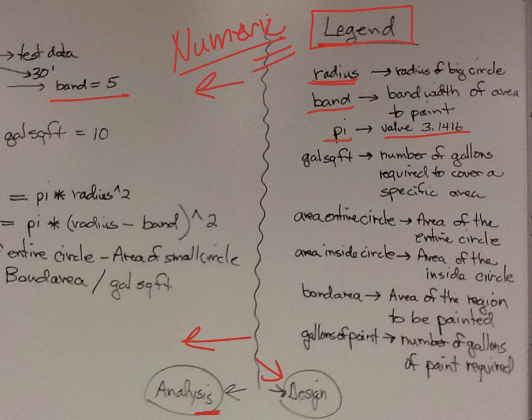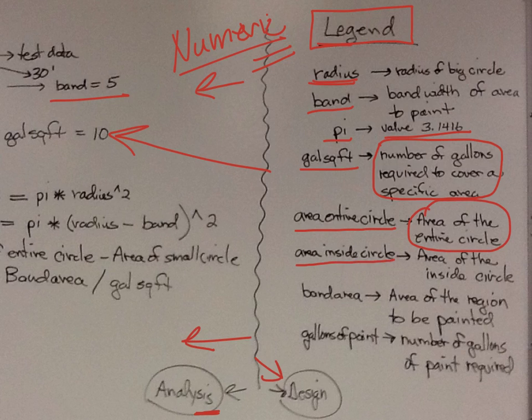Pi is going to be pi, the value pi. Gallons per square foot. Number of gallons required to cover a specific one. That is 10 in this case. Area, entire circle. Find the area of the entire circle. Area of the inside circle. That will be the area of the inside circle.